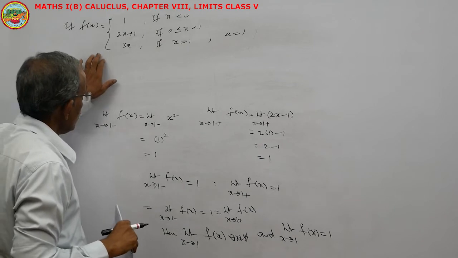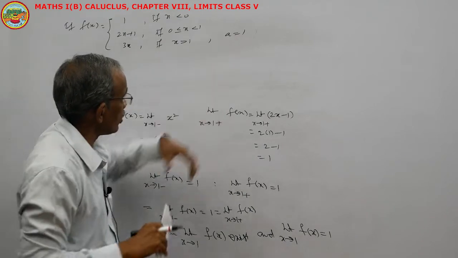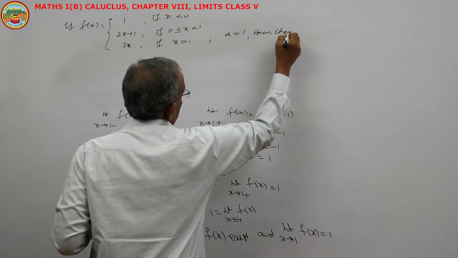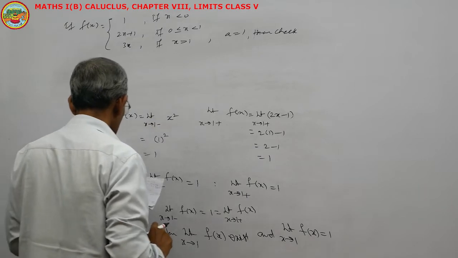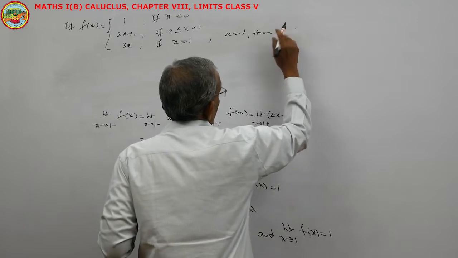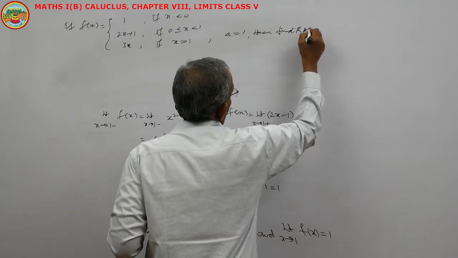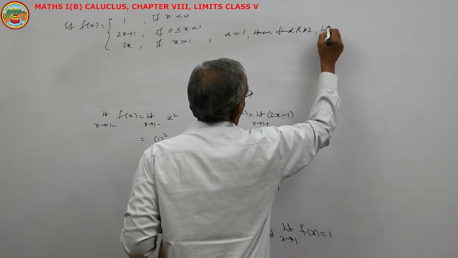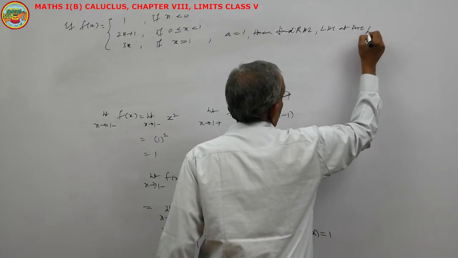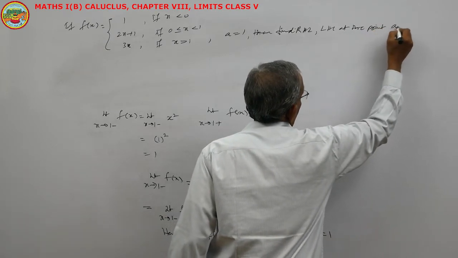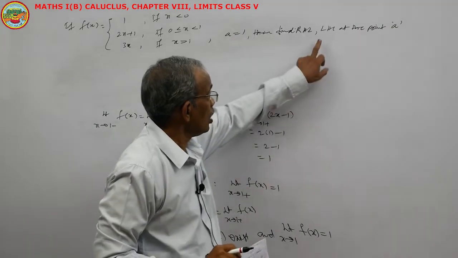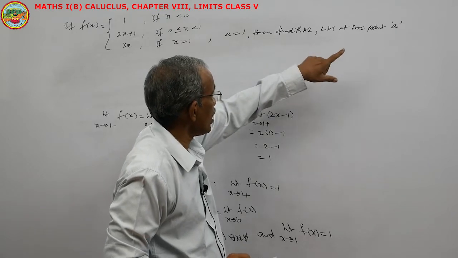Given that f of x is equal to this, and the value of a is given, then find the right hand limit and left hand limit at the point A. At the point A means here A, given that A is equal to 1, and we have to find the right hand limit at 1 and left hand limit at 1.